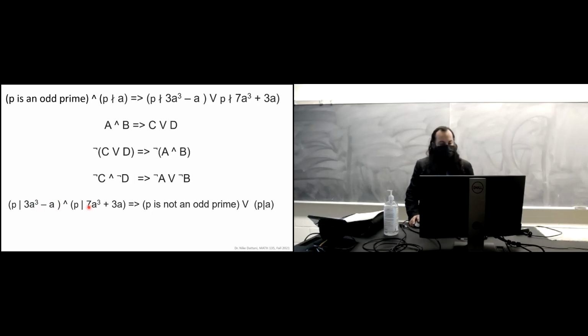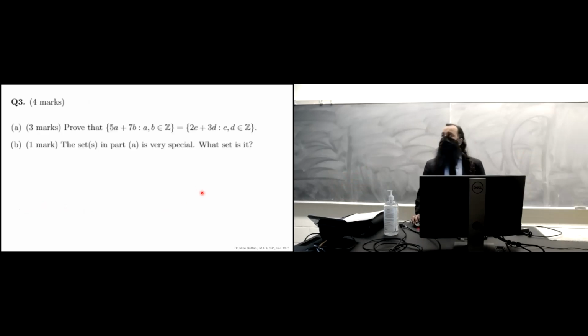I have A cubed on one side and don't have any A cubes on this side, so I can probably come up with some integer coefficients such that the A cubes are gone. Maybe I'll have just A, and then I have that P divides A. And if P doesn't divide A, then we have to prove that it's not an odd prime. So that's pretty easy now, right? Question 2 is easy now, right? You struggled, but now you have some confirmation that you did it right.